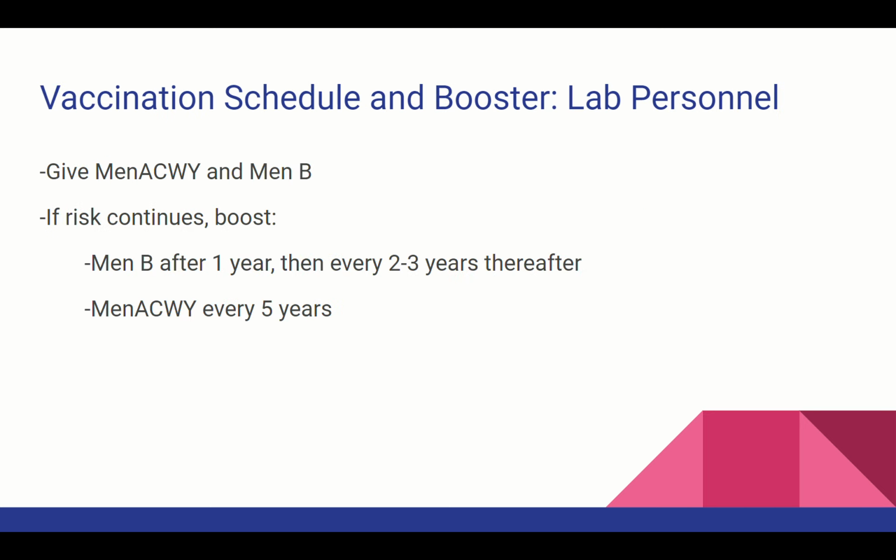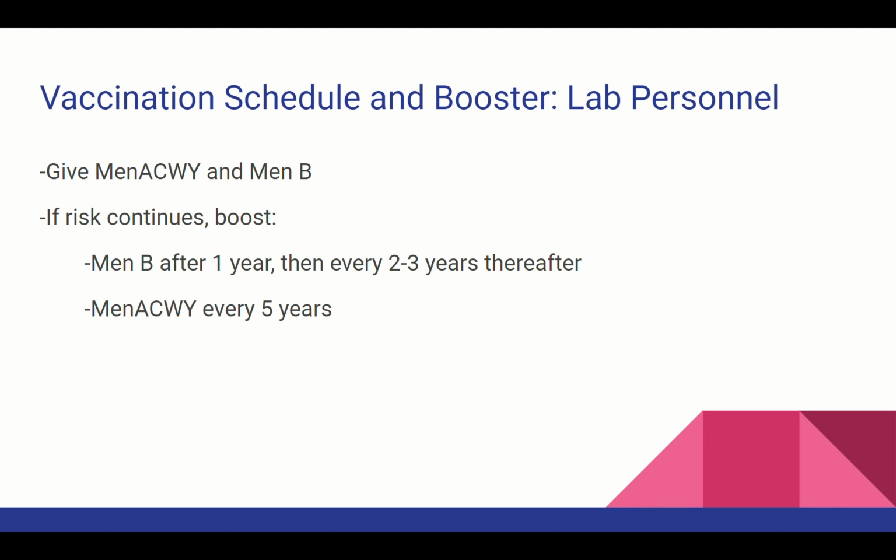Vaccination schedule and boosters for lab personnel include giving, initially, both types of meningitis vaccine, the 4-strain meningitis ACWY and meningitis B vaccine. Then, continued boosting and continued series is based on risk assessment.